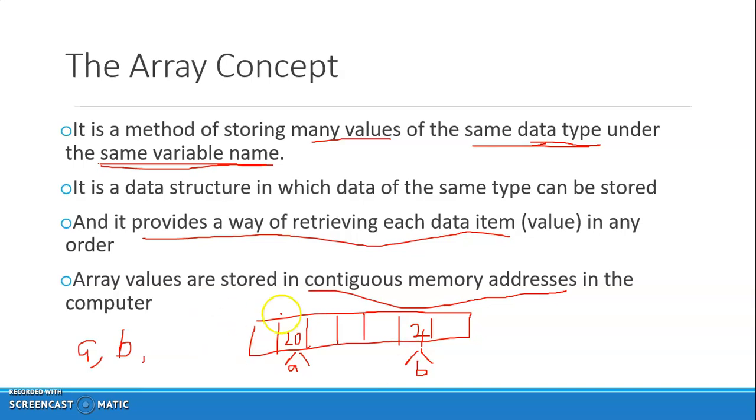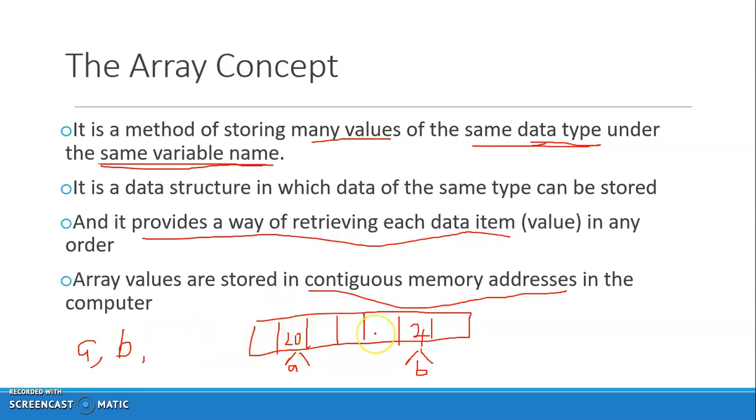But with arrays, the arrangement is different, as we're going to see using a graphical representation. The variables are stored in a contiguous manner, in contiguous memory addresses. So if you have declared a variable of 10 integers, it means all those 10 integers will be next to each other. The first value will be here, another one here.